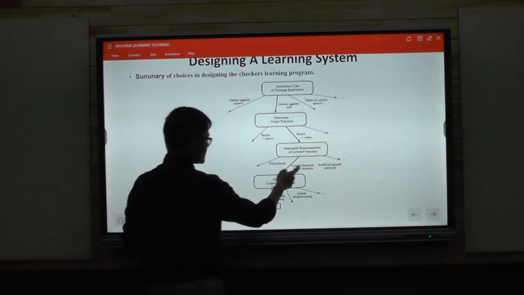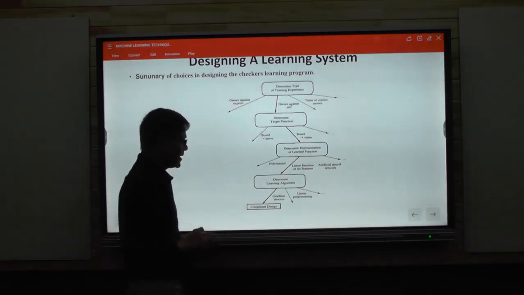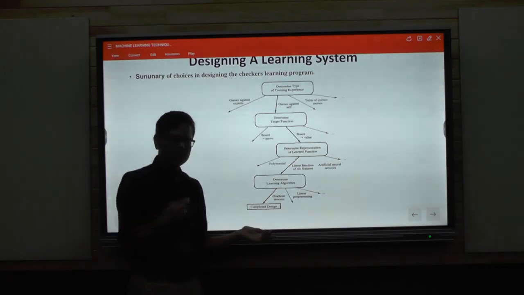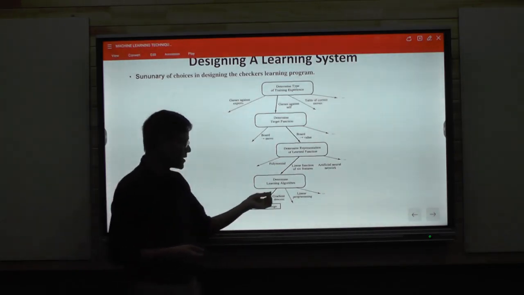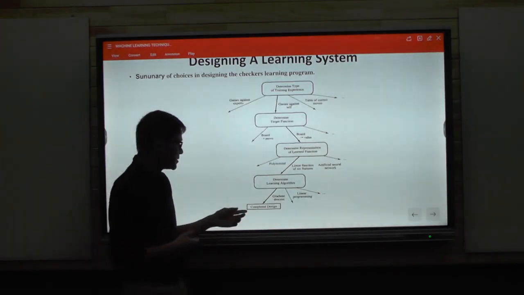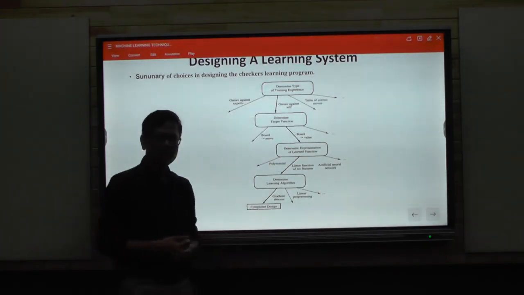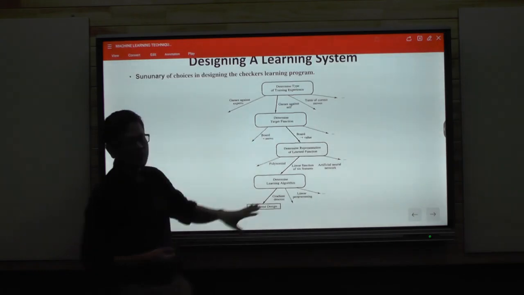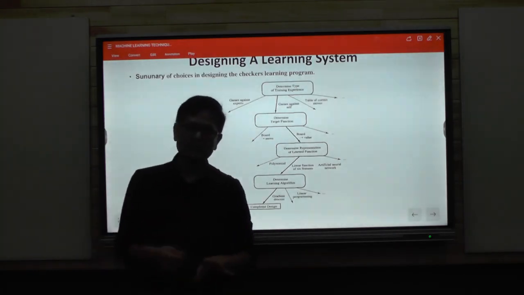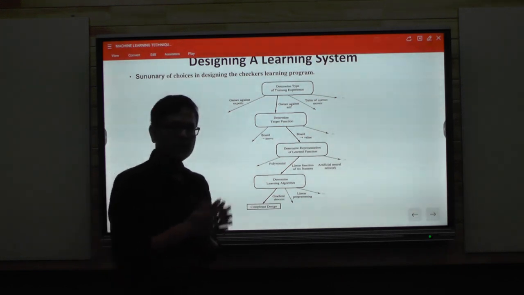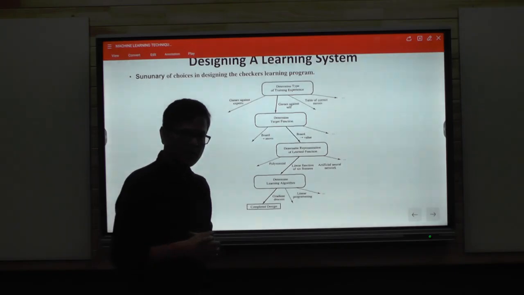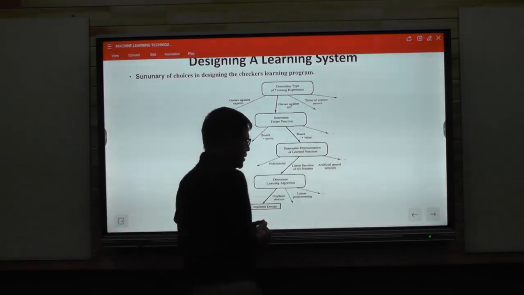Then we determine the learning algorithm for training the weights. We have chosen gradient descent because LMS is a type of gradient descent, and we have completed the design. If left to play against itself, this system will keep on improving itself, and finally it will be competitive enough to play against any champion or any human player.